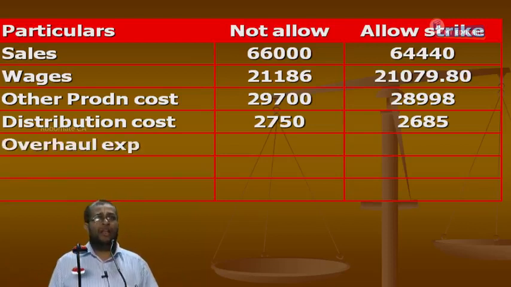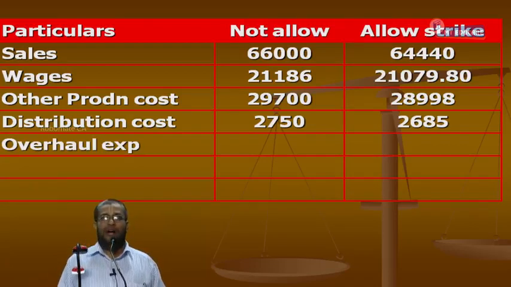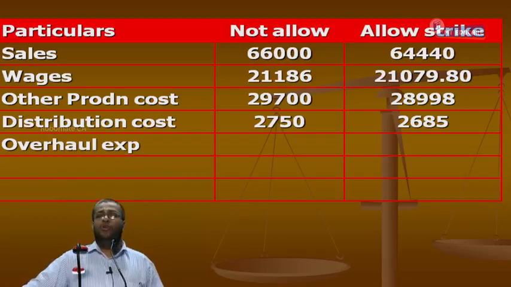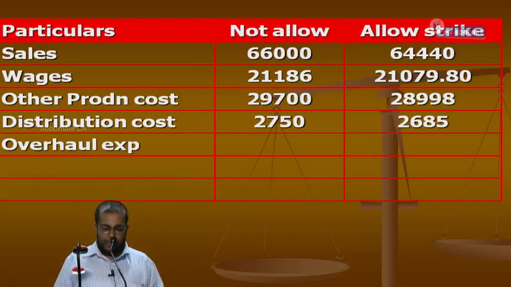Now, overhaul or repair expenses. If I don't allow strike, then my workers will be working for production, yes or no? In that case, I normally do my overhaul by giving to an outside contractor. For how much rupees? 1 lakh.